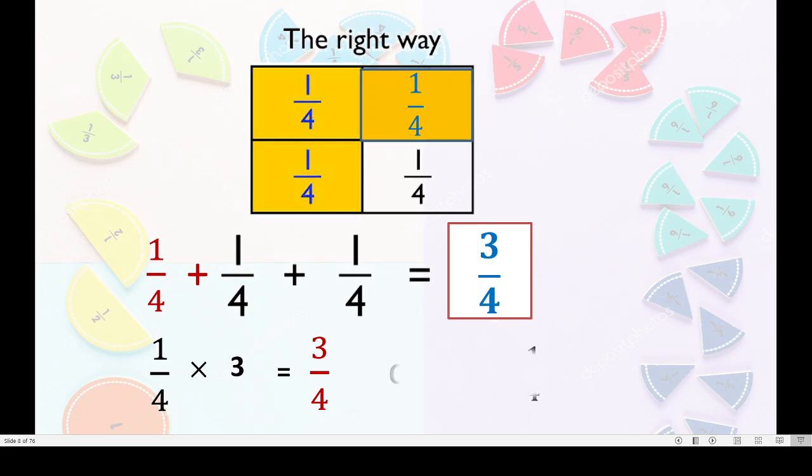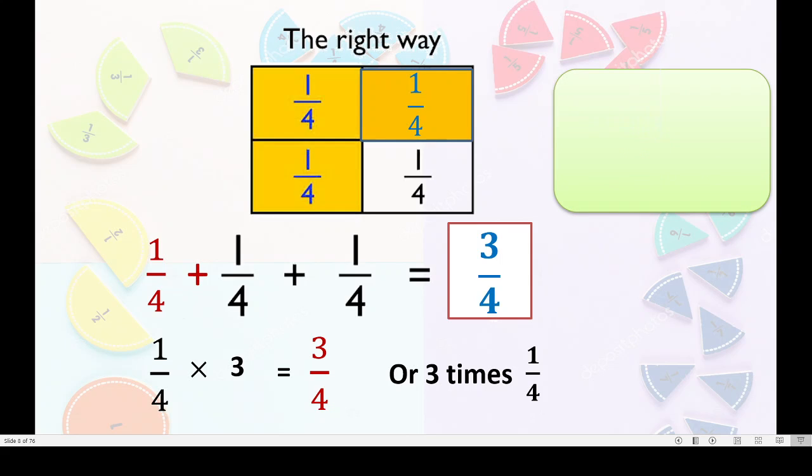Okay? Or we can write here 3 times 1 upon 4. Yes, we multiplied 3 times 1 upon 4. Like this sum we did in multiplication, or in the first term about addition also. See here, I will recall that 3 plus 3 plus 3 plus 3 plus 3.